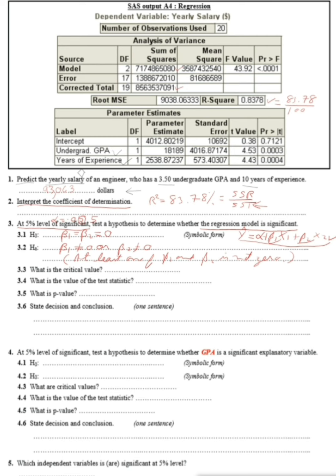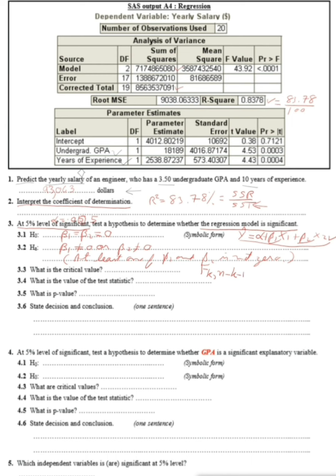What is the critical value? So you have to recall how to read what table? F table, degrees of freedom numerator k, here k is 2, and denominator is n minus k minus 1.